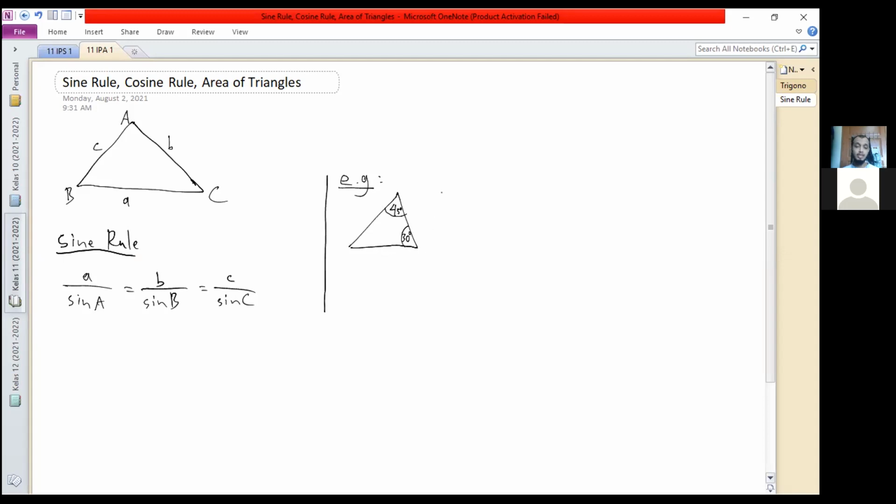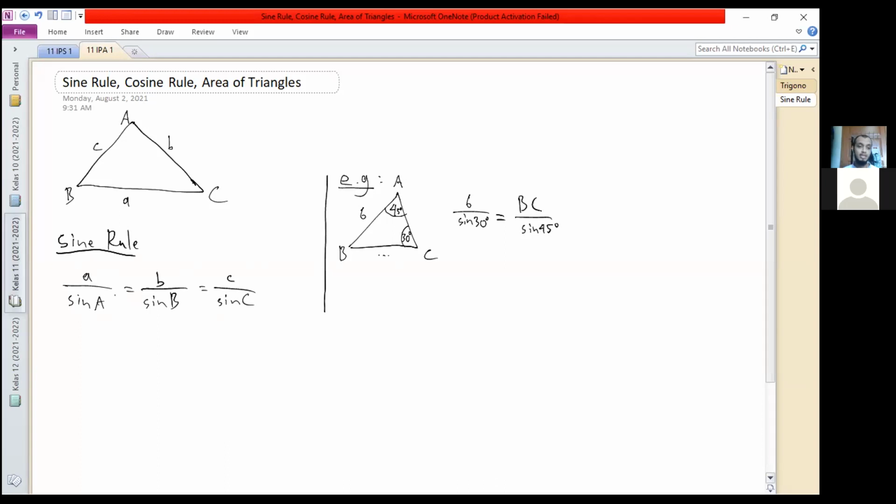So in this case, let's say this is triangle ABC, and we know the angles A and C. If we are given the length of side AB, let's say 6, then we can find the length of BC by using the sine rule. So 6 divided by sine of 30 degrees is equal to BC divided by sine of 45 degrees.